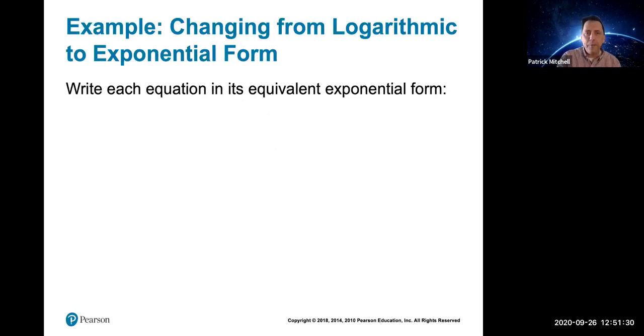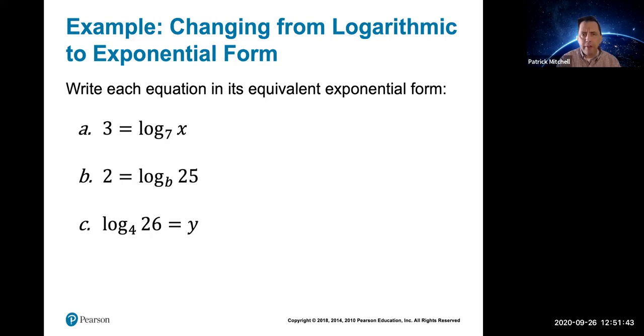So when you see an equation like this, 3 equals log base 7 of x, we're going to look at all of the examples and then all of the solutions are going to come up all at once, unfortunately. So let's start with 3 equals log base 7 of x. You ask yourself two things. Number one, what is the base?